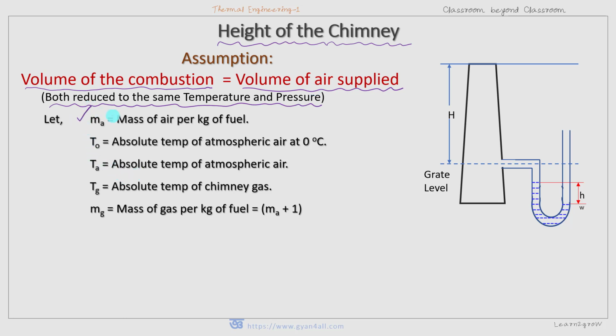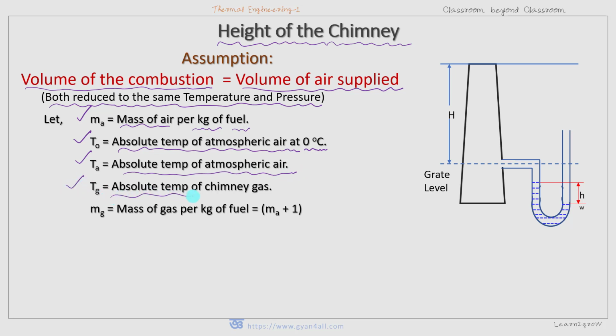Suppose Ma is mass of air per kg of fuel. That means if 1 kg of fuel is burned, then Ma kg of air is required or consumed. T0 is the absolute temperature of atmospheric air at 0 degree centigrade or 273 Kelvin. Ta is the absolute temperature of atmospheric air.